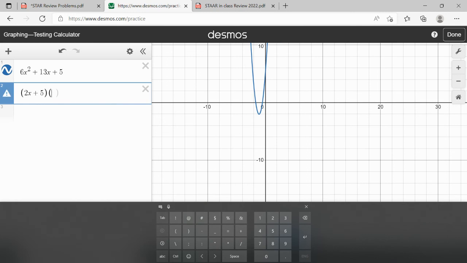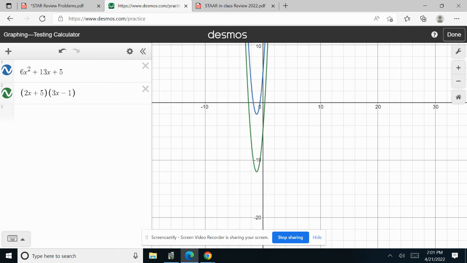And then 3x minus 1. Okay, it doesn't match because the blue line, I still see it. When it matches, that blue line is going to change color. So it's not that answer choice.